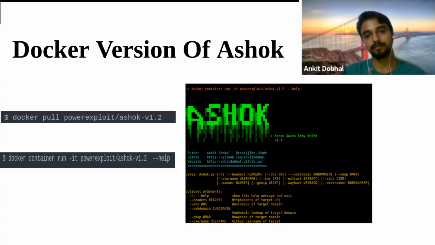But the best thing about a Docker image is that you just need to run the Docker pull command, and it will download that Docker image along with all the prerequisites. For example, Ashok works on Python 3.7, so it will download that version also, and it contains the whole package inbuilt and downloads automatically in a very fast way.